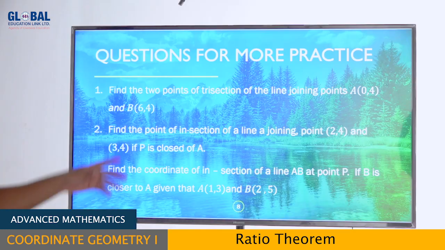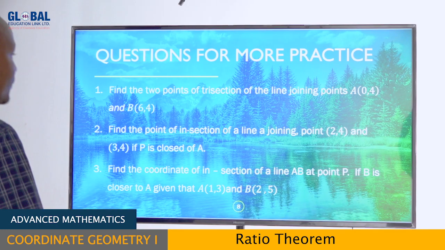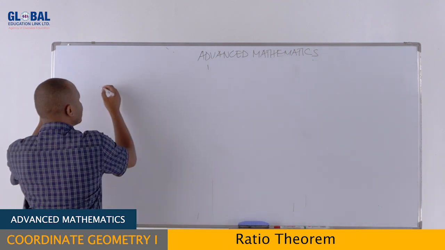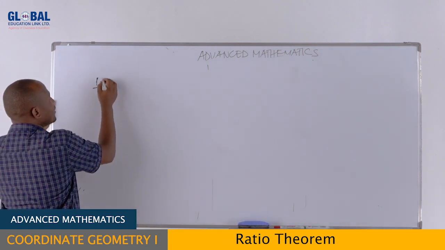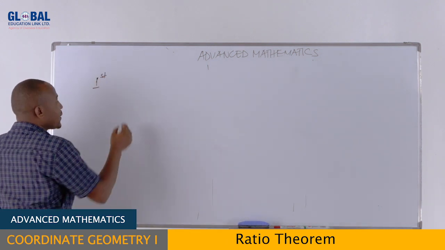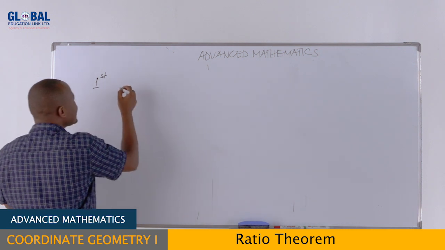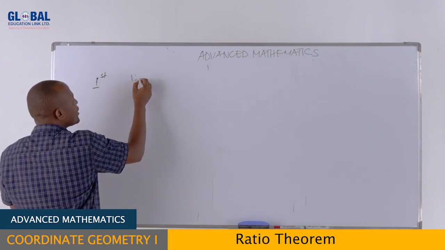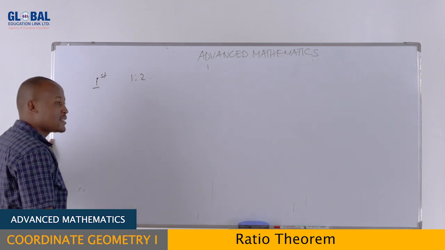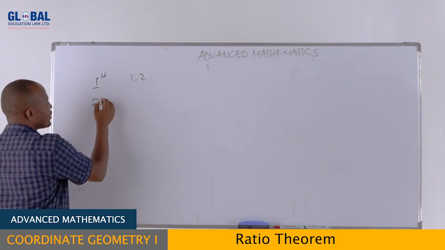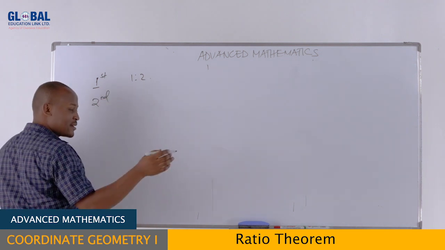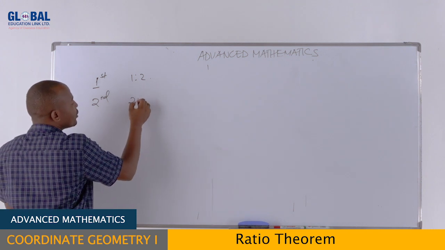Given a question like that, in case number 1, you will find the point that divides a line in a ratio 1:2. That will be the first case. And in the second case, you will find the point that divides the line in a ratio 2:1.